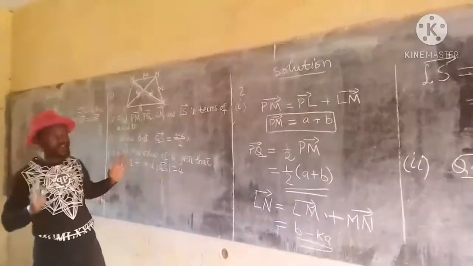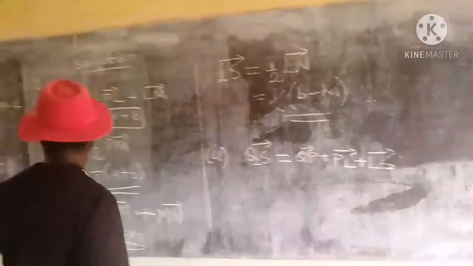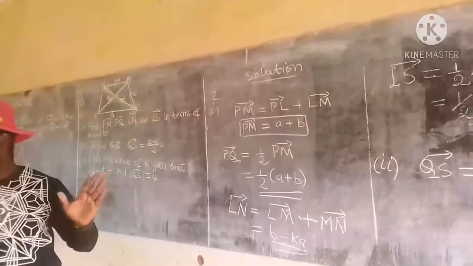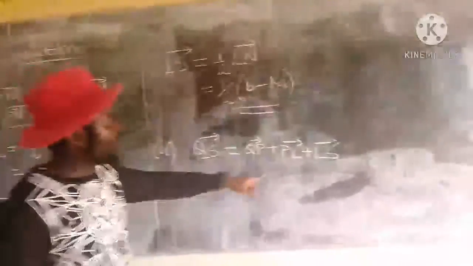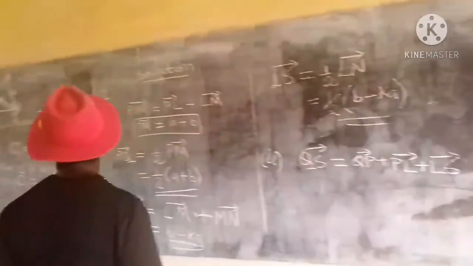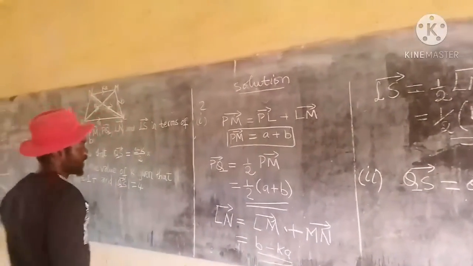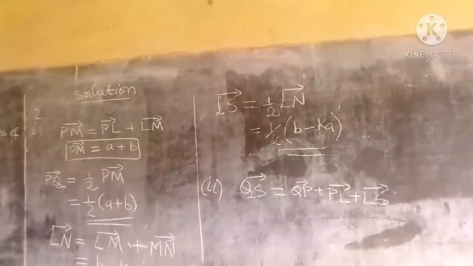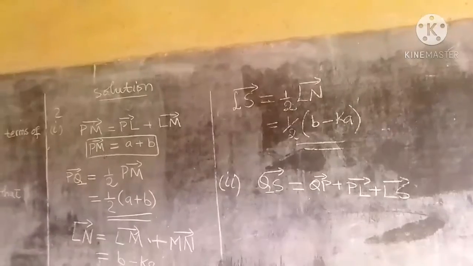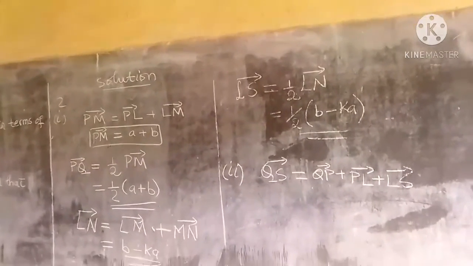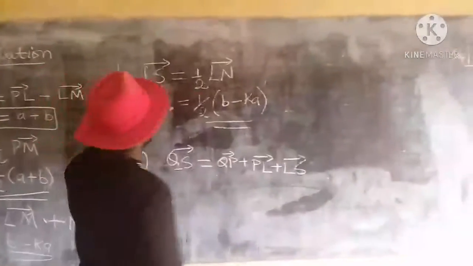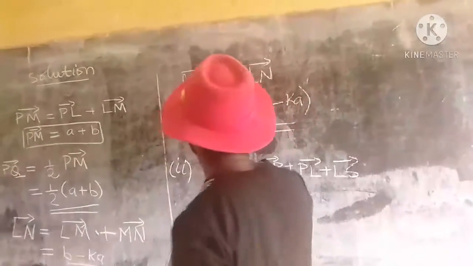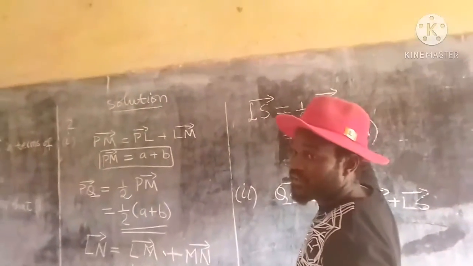So we don't have a problem. Let's find out about PL. PL is already known, right? What about LS? The negative form of it is a positive, it's the same. LS here is already calculated. It is half LN.